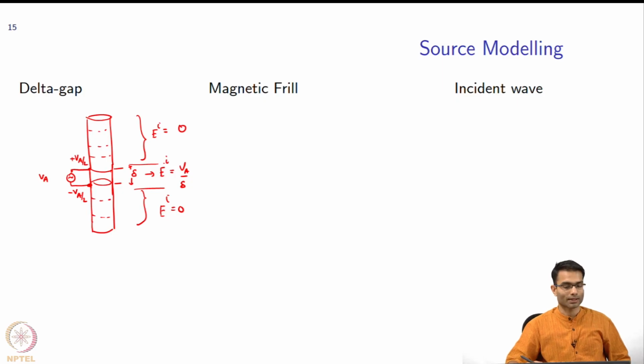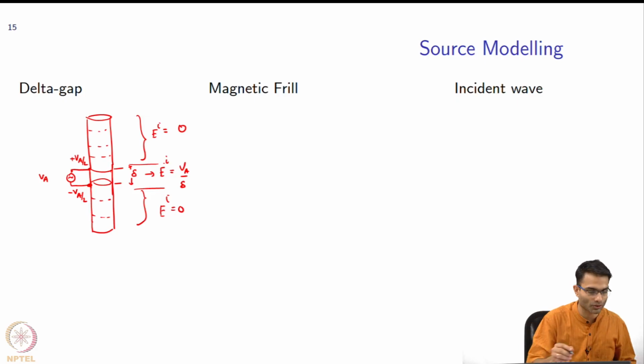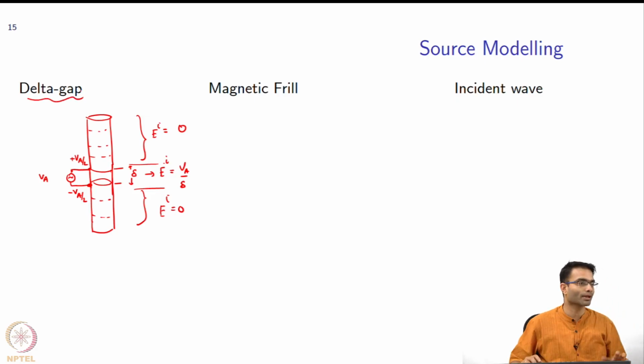Well, that is a statics approximation. This is a model, remember it is not exact, but it is a model that gives you close enough results. If it is not equipotential, then you have to take recourse to your transmission line theory.